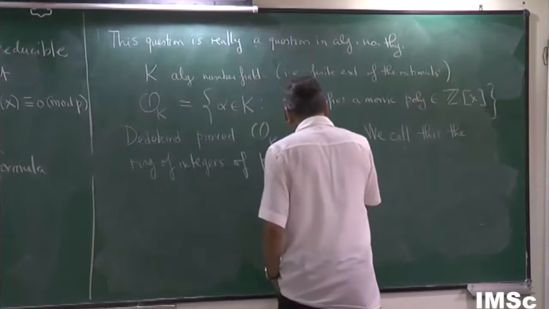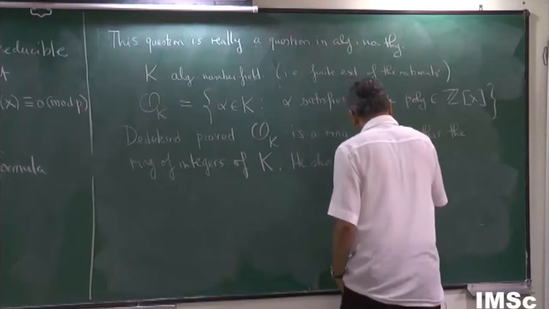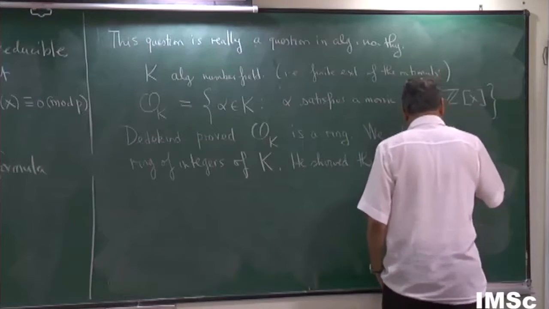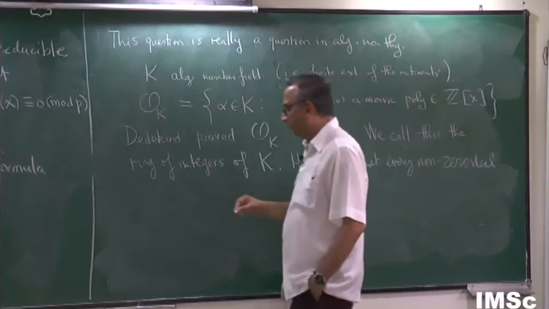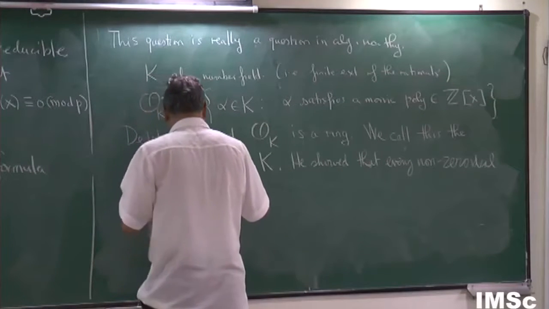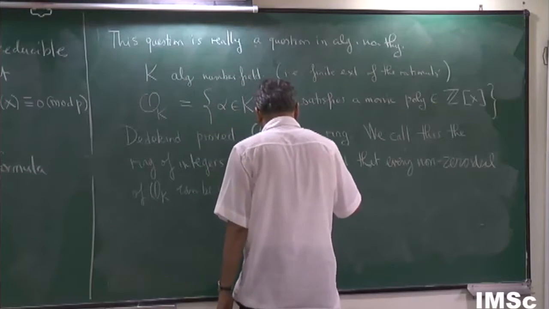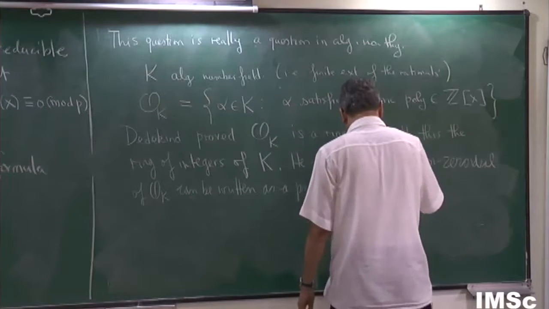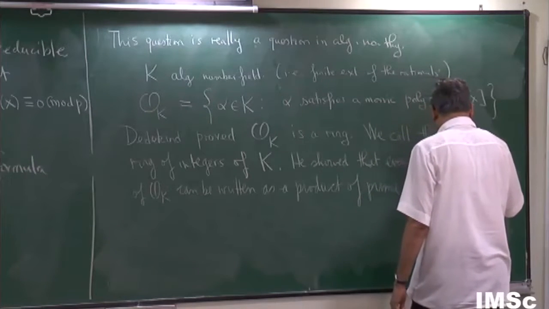So for O sub k, he showed further that every non-zero ideal of O sub k can be written as a product of prime ideals uniquely.